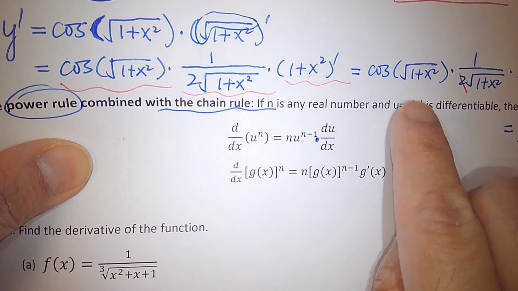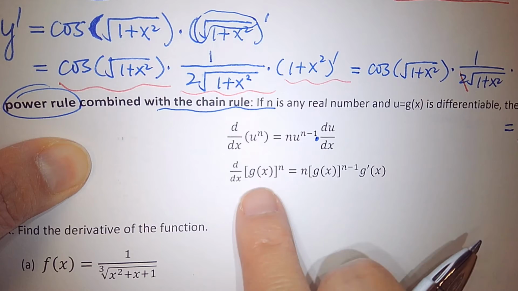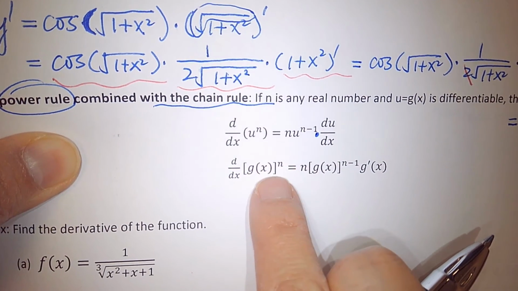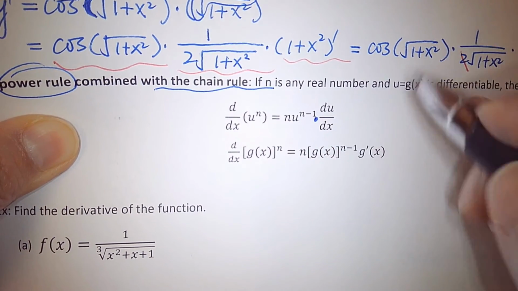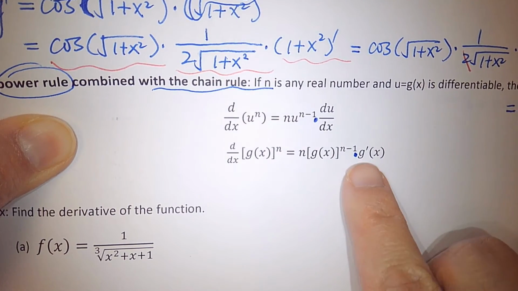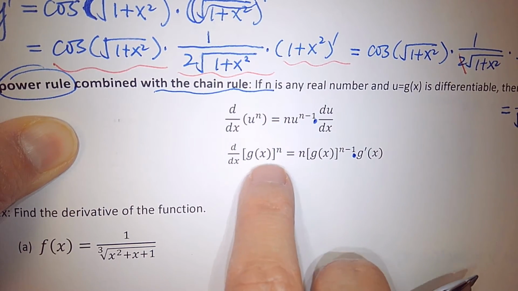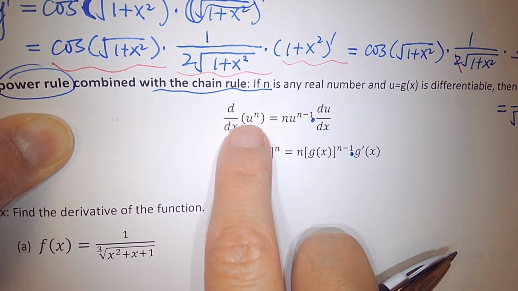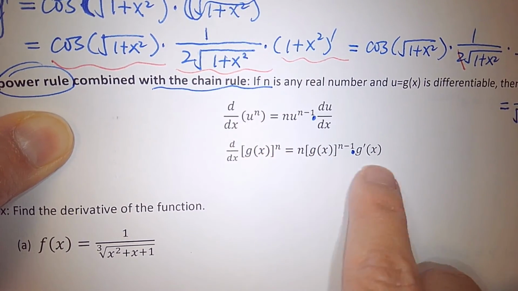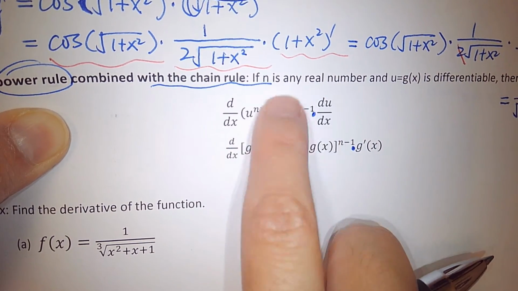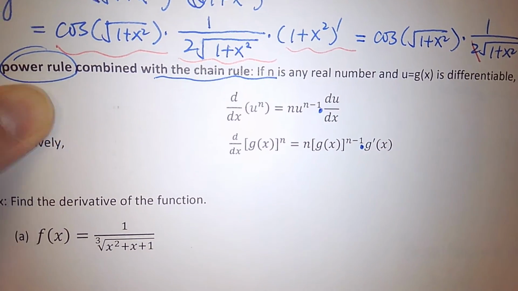Or if we write u explicitly as g of x, the derivative of g of x to the nth power, by using the power rule, will give us n times g of x to the n minus 1th power. But we also have to multiply by the derivative of g. This is using Leibniz notation. Well, they are the same thing. One uses u equals g of x, the other writes out g explicitly. So they are the same, right? Power rule times the other derivative. Right?